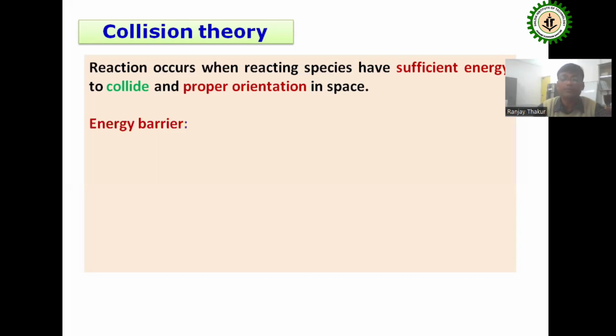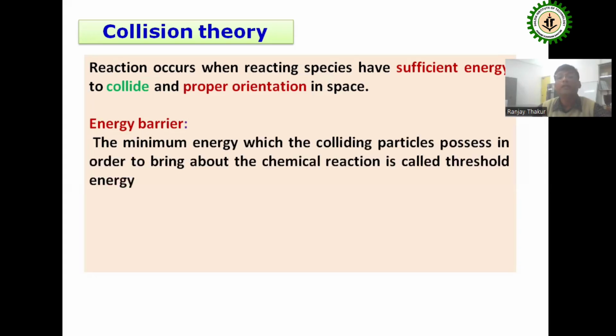Here one term comes, that is called energy barrier. The term sufficient energy that we used is related to the energy barrier. So what is energy barrier? Energy barrier is the minimum energy which the colliding particles must possess in order to bring about the chemical reaction, called threshold energy.